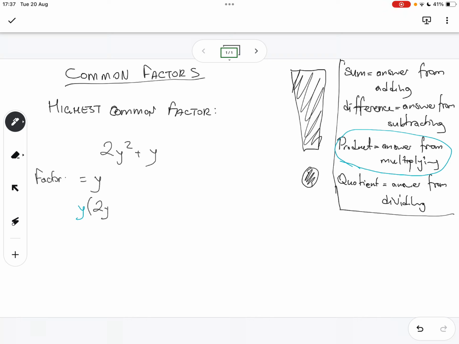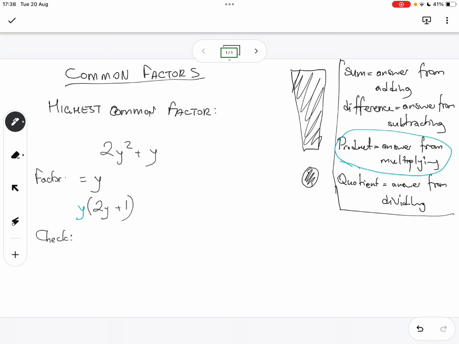So if we take out y from the brackets, we will be left with 2y plus 1.